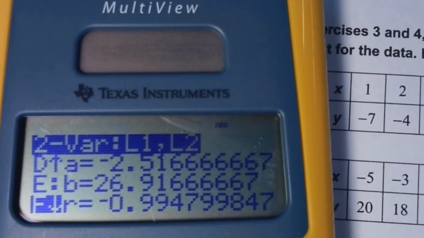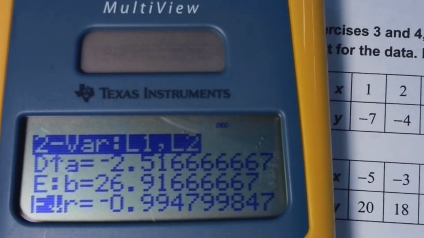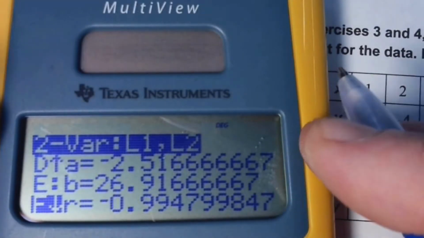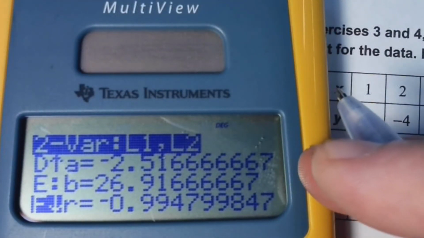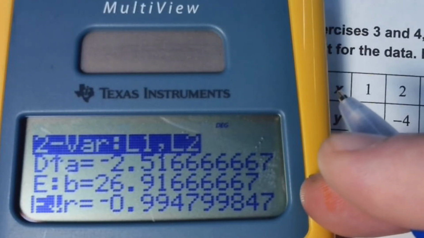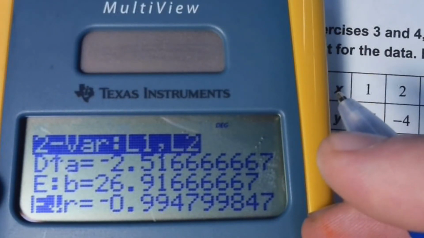And we're going to need that R, and I'll tell you what that R is later. R is negative 0.99. And we're going to round to 2 decimal places. Okay, that's all the information you need. This calculator did a ton of work for you. You would not want to do what we just did manually.